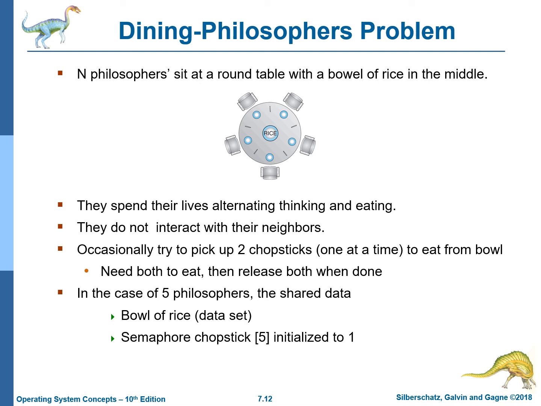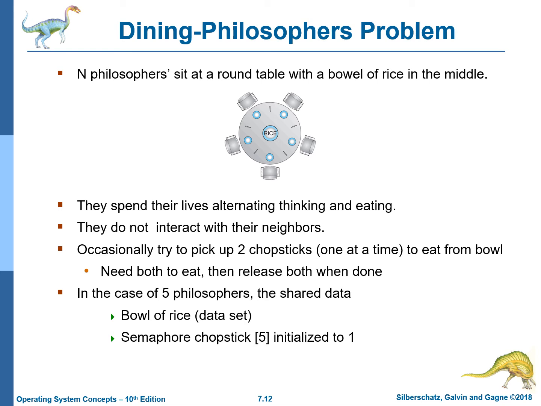Kenapa? Okay, contoh kalau kat sini, okay, they have a philosopher. So kat sini dia nak makan. Okay, so they have to access data ataupun resources. Contoh rice ni, imagine rice ni as a data set. So katakan this particular philosopher, dia nak ambil sebelah kanan, dia tengok chopstick dia dah diambil orang.